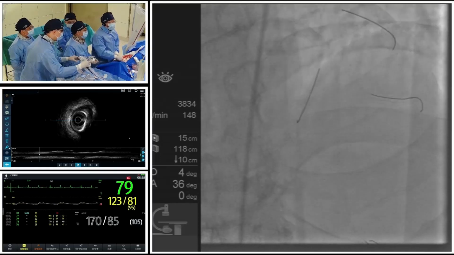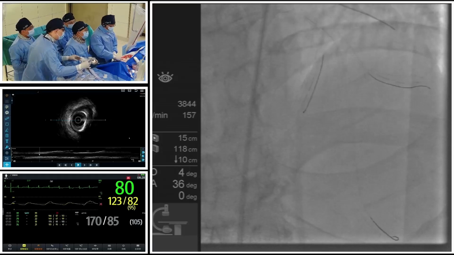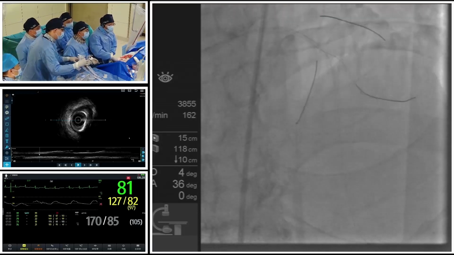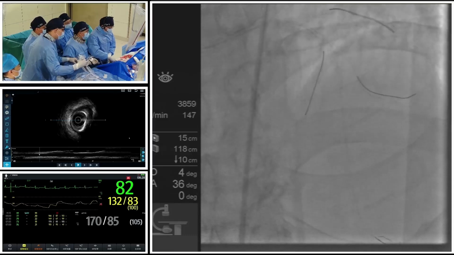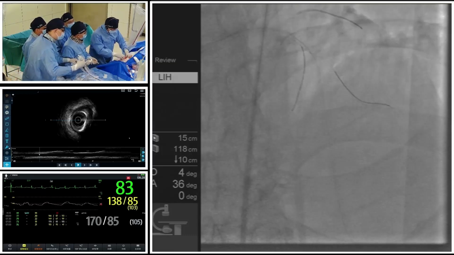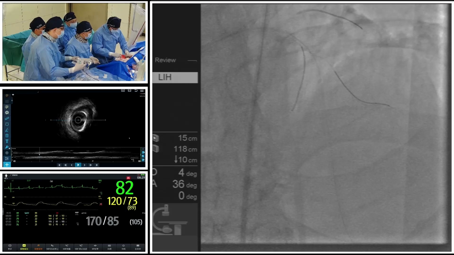Someone argues about the IVL system usage in the left main. They complain or worry about, for example, the shock wave energy transmission, the greater distance that the wave front needs to travel into the larger caliber of the left main trunk. But I do not worry about this one.